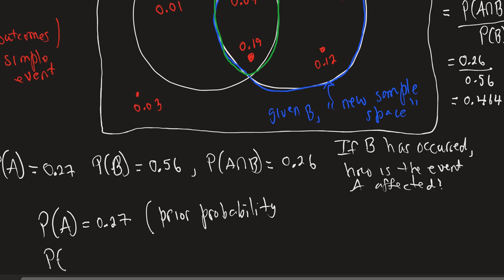When we update this probability to say, okay, now I know something a little bit more, I know that B has occurred, and we computed this to be 0.464, this is now called a posterior probability.